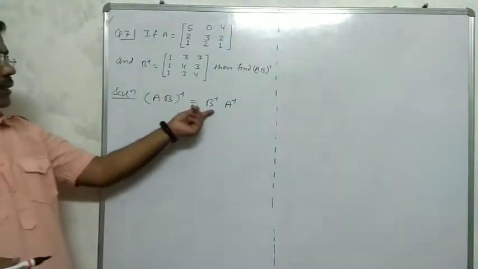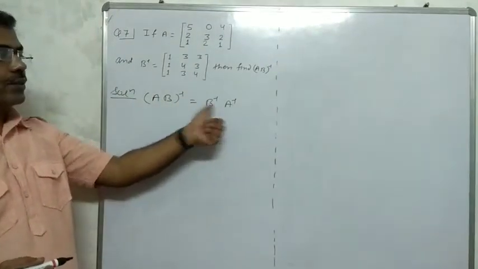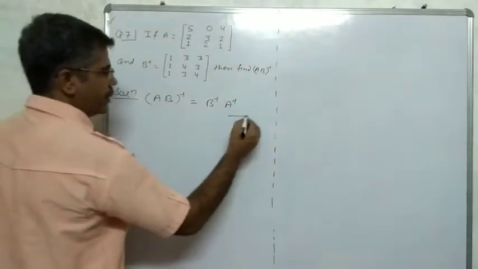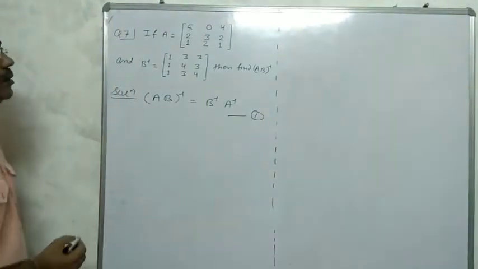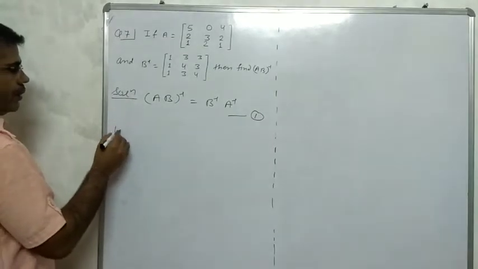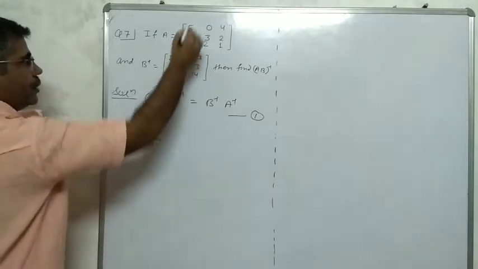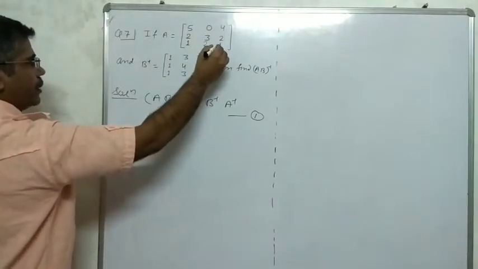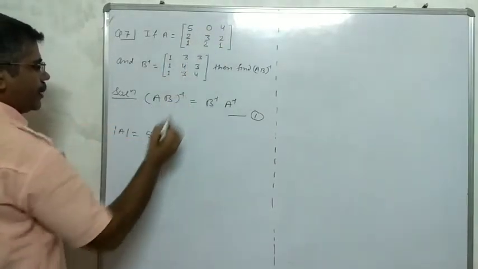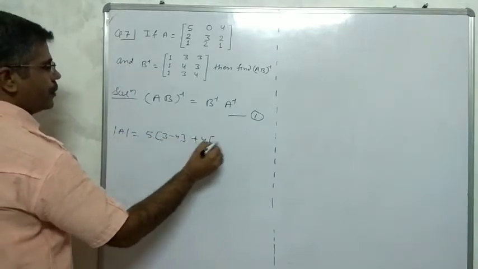Here B inverse is given, but A inverse has to be found out. So we find A inverse. We find the value of |A|. 5 as it is; delete this column and this row: 3 minus 4, plus 4.